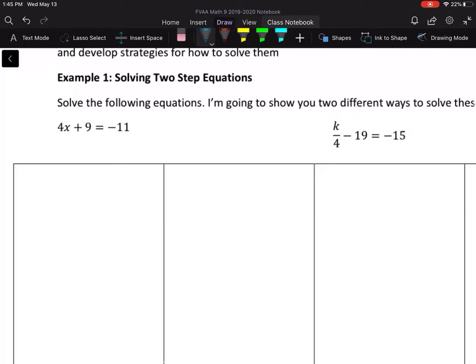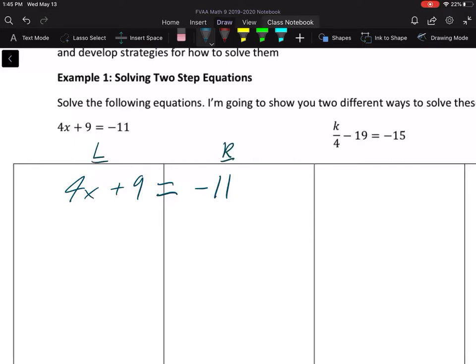Sometimes it's helpful to see the line separating the left-hand side and the right-hand side. So I'm going to write the equation on either sides of this box so we can follow what the left-hand side and the right-hand side is doing.